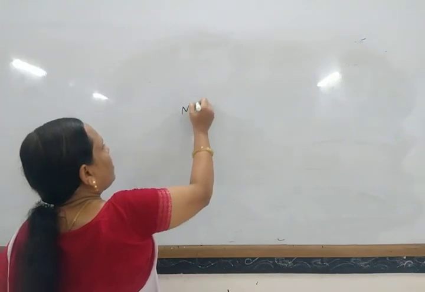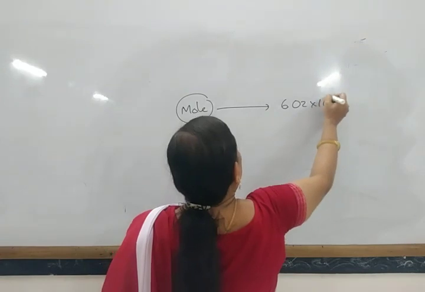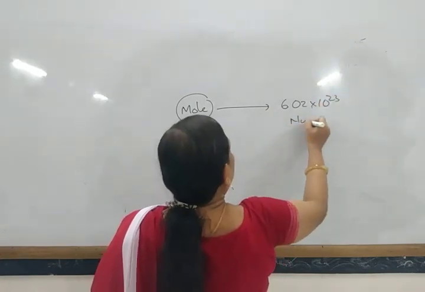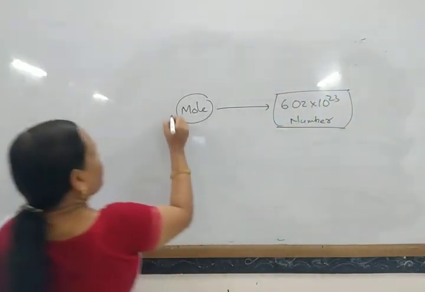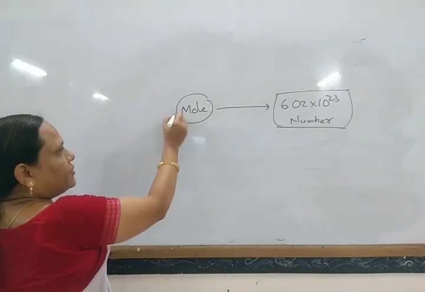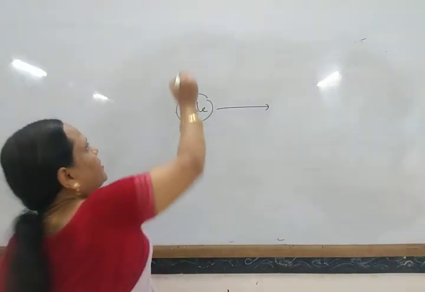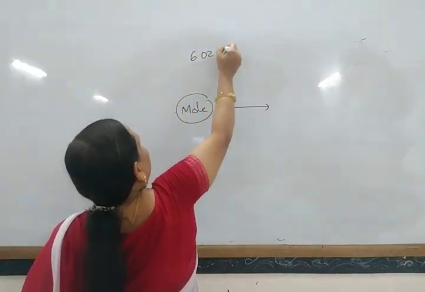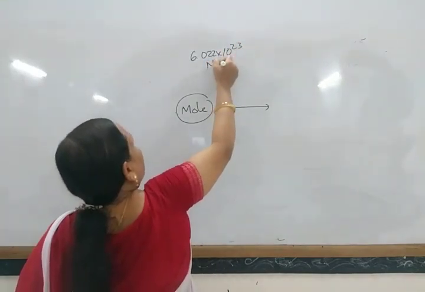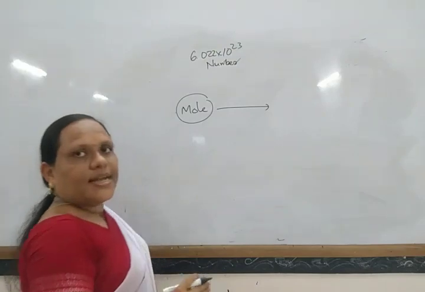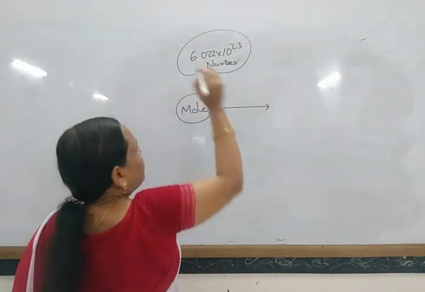So 1 mole means 6.02 into 10 to the power 23 number of particles. That may be atoms, ions or molecules. That is in terms of number.